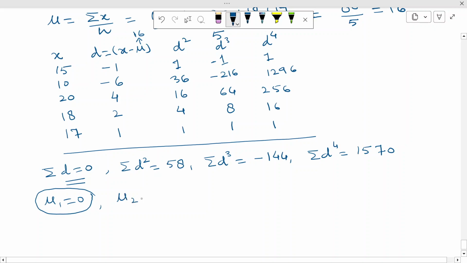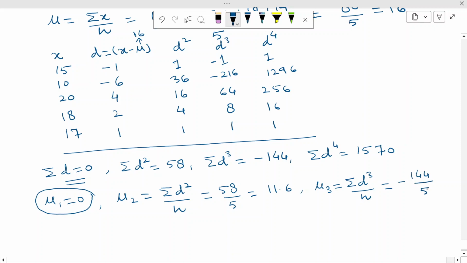Now we have mu2. Mu2 is summation d square over n, so this is 58 over 5, which is coming out as 11.6. Similarly mu3 is summation d cube over n, so this is minus 144 over 5, coming out as minus 28.8.